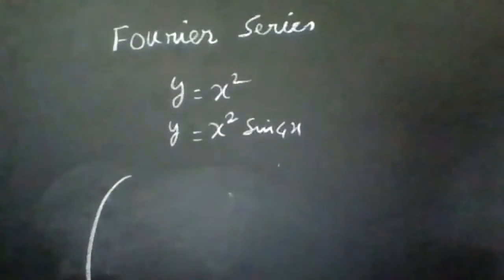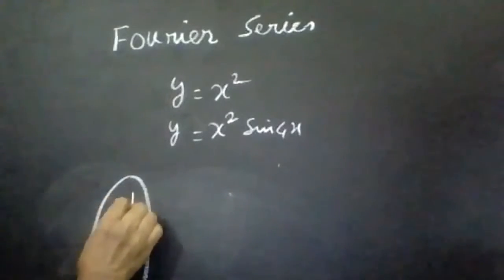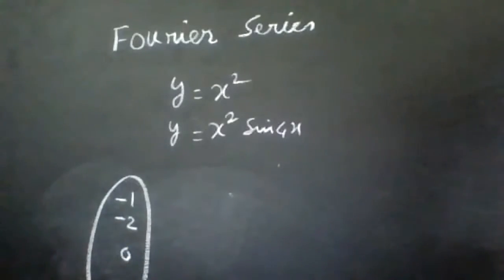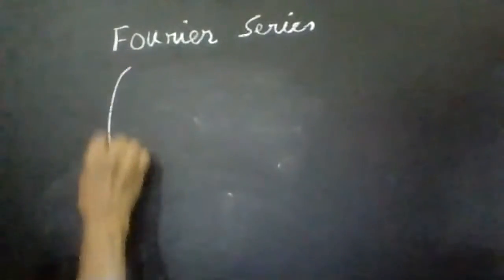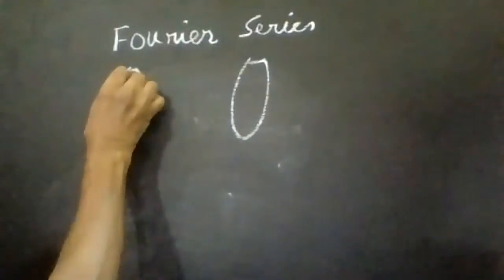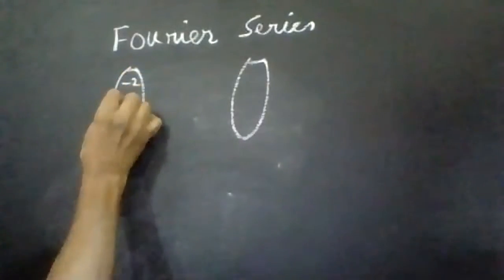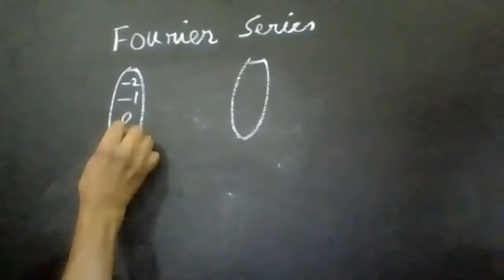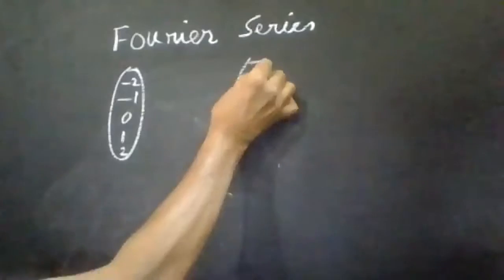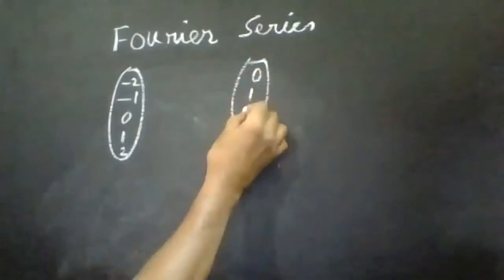Here, say I have -2, -1, 0, 1, 2, and here we have 0, 1, 4.